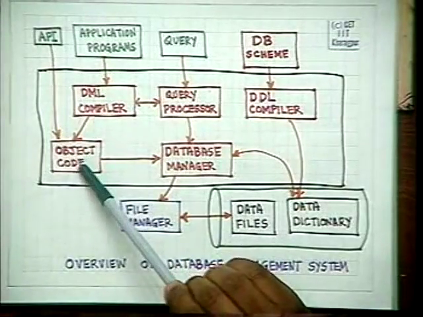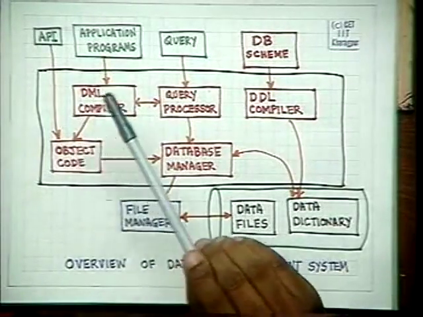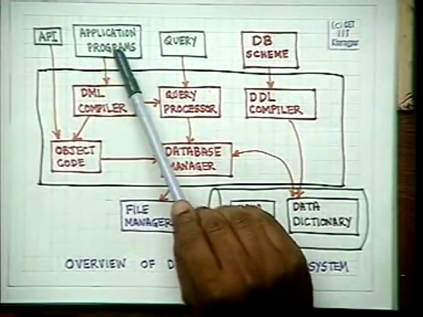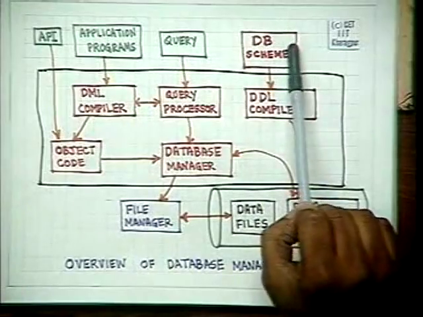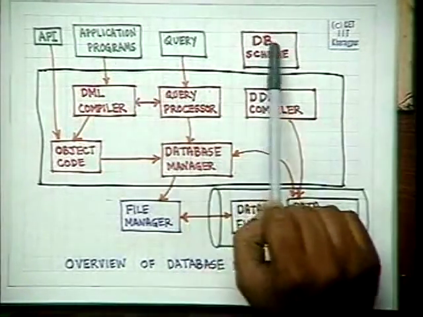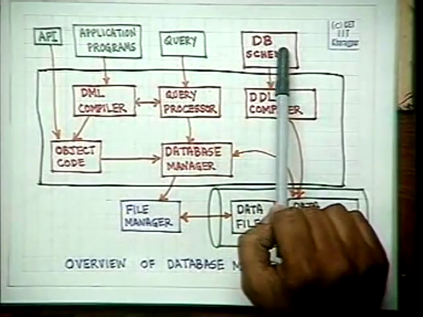Now when this executable object code written in DML will use the data structures which are defined in the DDL. Is that all right? It will define the schemas which are done in the DDL.